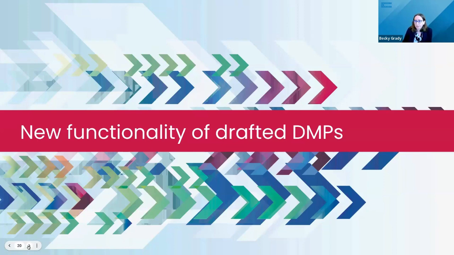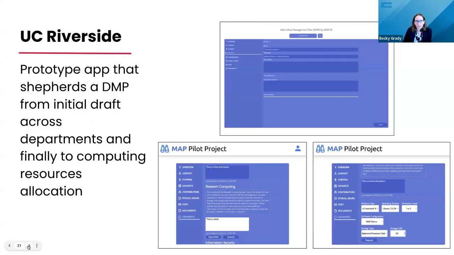So the first example on the next slide is UC Riverside, who developed a prototype app to shepherd the information from the DMP across various campus units. After the DMP is drafted, they use the API to pull in the metadata and the narrative into their app.